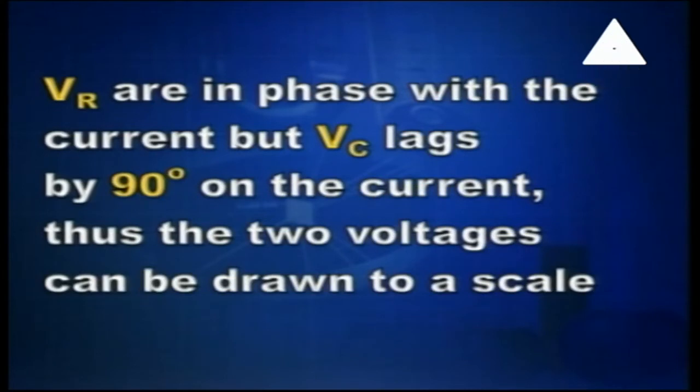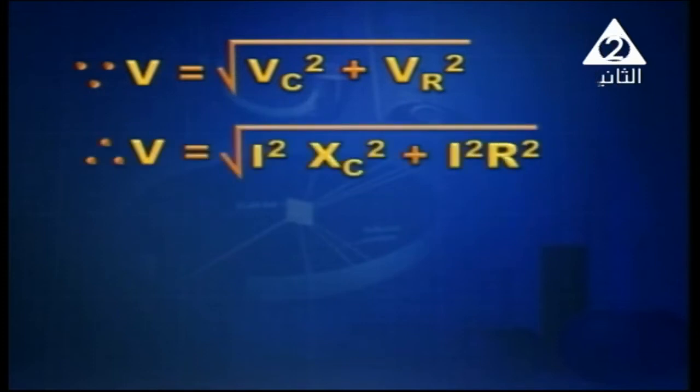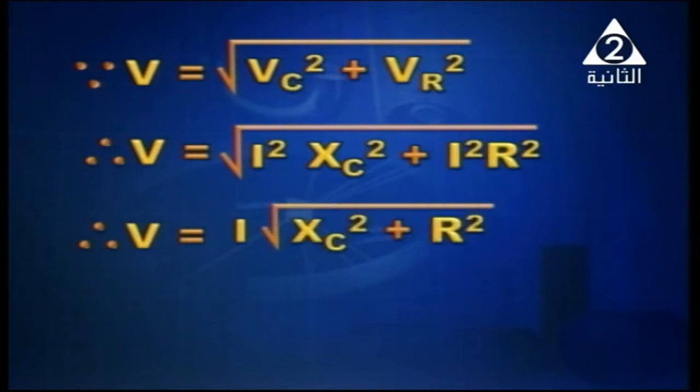Thus, the two voltages can be drawn to a scale. V is equal to the square root of VC squared plus VR squared. So V is equal to the square root of I squared XC squared plus I squared R squared. We can say V is equal to I times the square root of XC squared plus R squared.